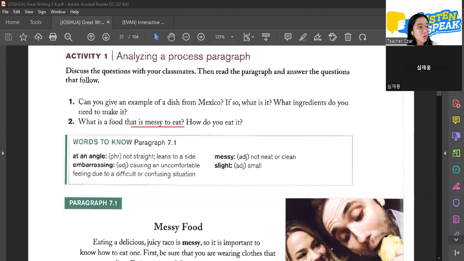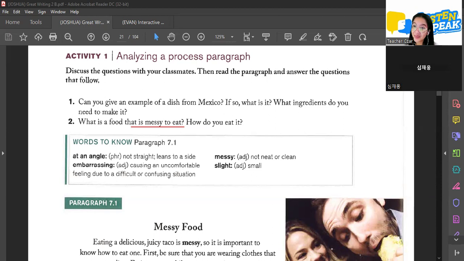Like for example, ice cream. Ice cream is sometimes messy to eat, especially ice cream on a cone, because ice cream can easily melt. So sometimes it is messy to eat, right? Yes. What are the other foods that you know that are messy?